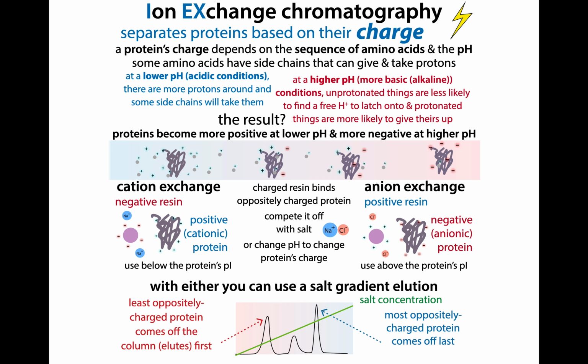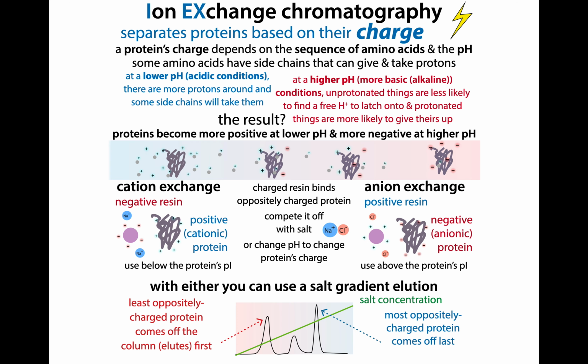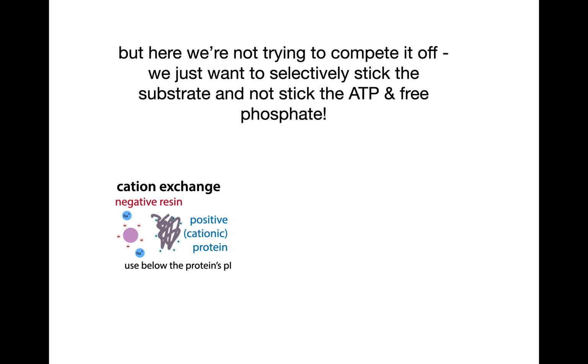So with protein chromatography and cation exchange, you have a positive cationic protein and a negative resin, and then you compete it off with salt afterwards. You get your protein to stick, and then you compete it off. But here, we're getting our protein to stick to this paper, so the paper is like the resin, but we're not trying to get it to unstick.